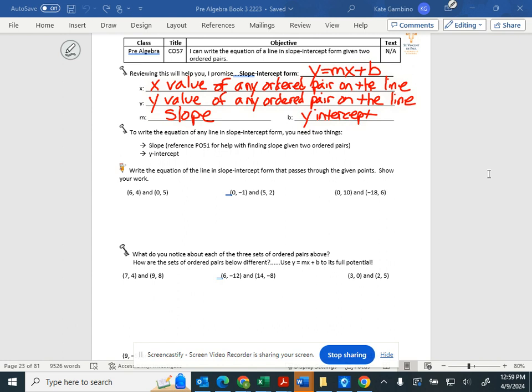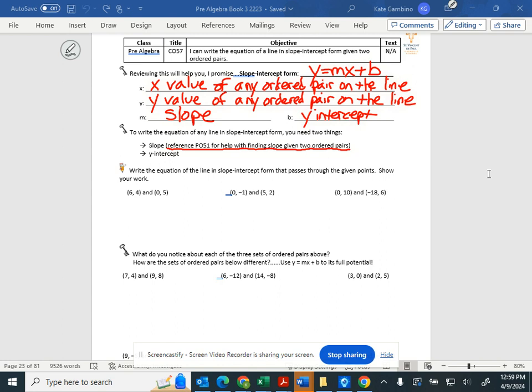So notice here, it says for the slope, reference CO57 for help finding slope when given two ordered pairs. Oh my goodness, we did that in our last unit. How do we find a slope when we're given two ordered pairs? What's our formula?